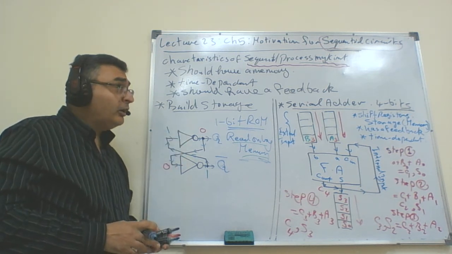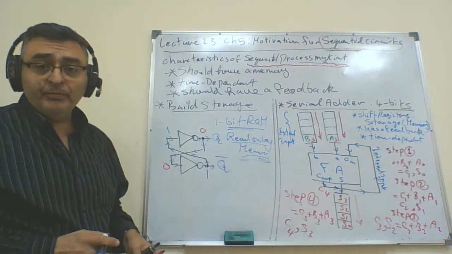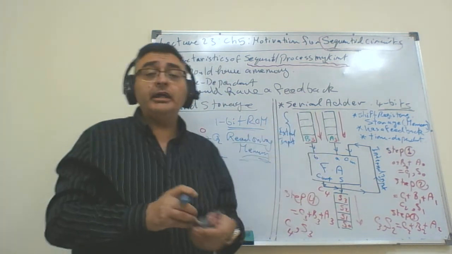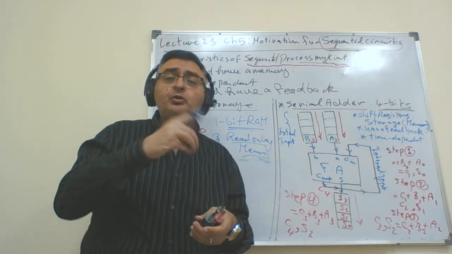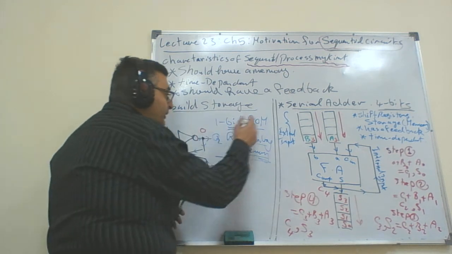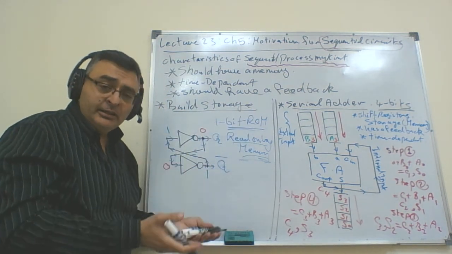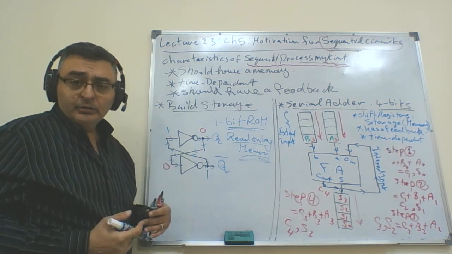We are more interested in something like a RAM, some storage that I can change the stored value inside. So how can I build one bit of a memory that I can read and write?